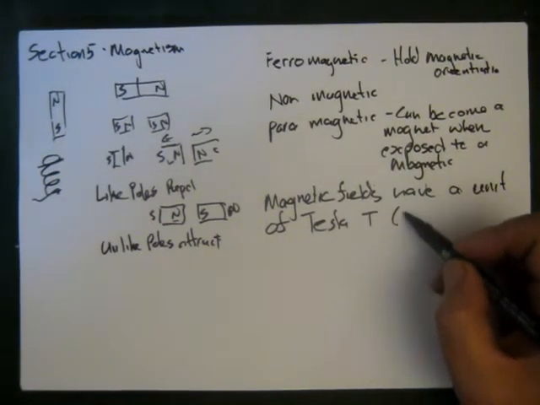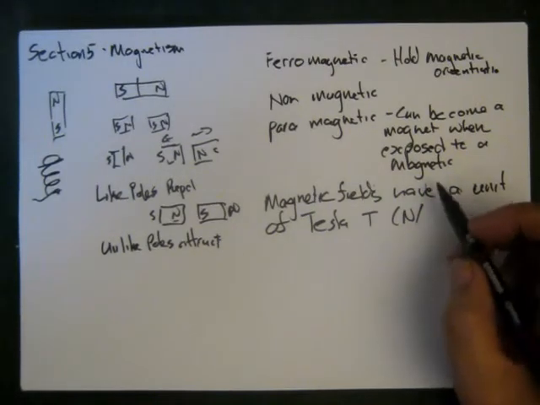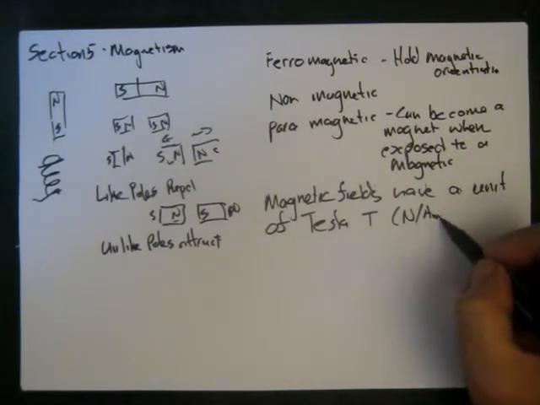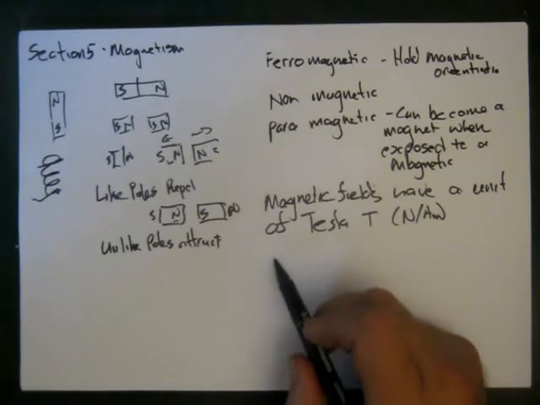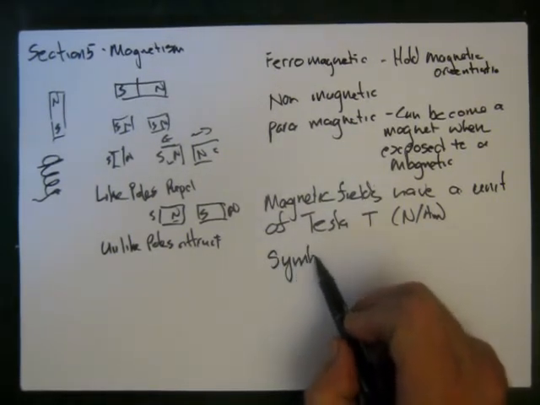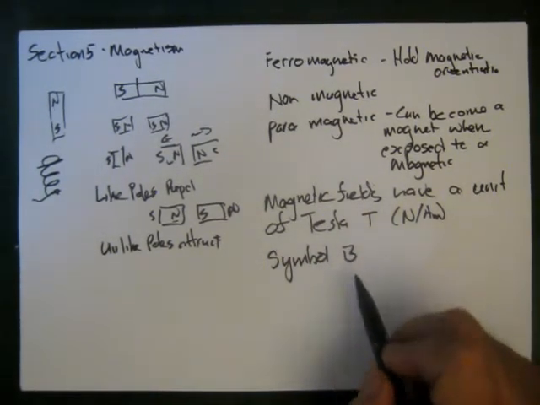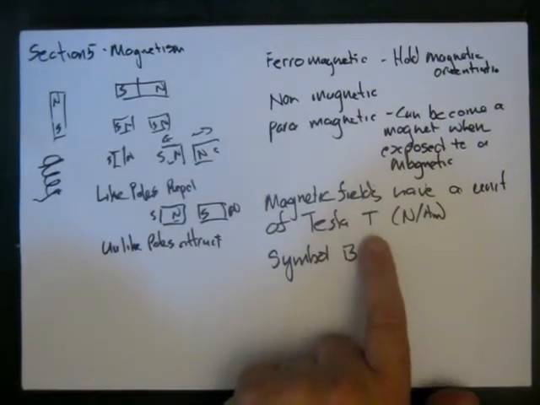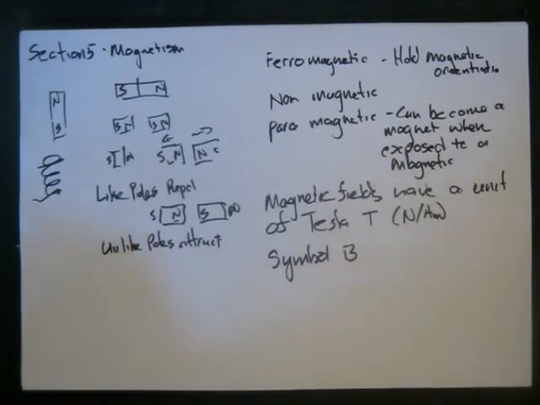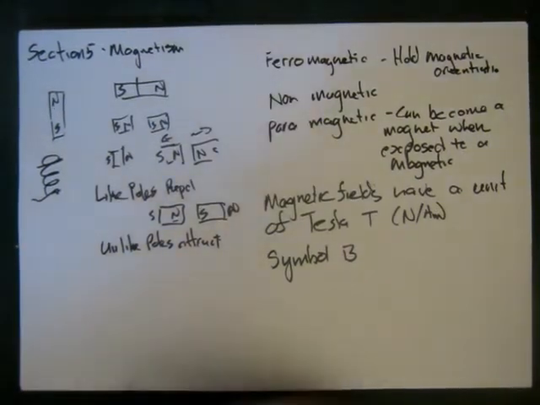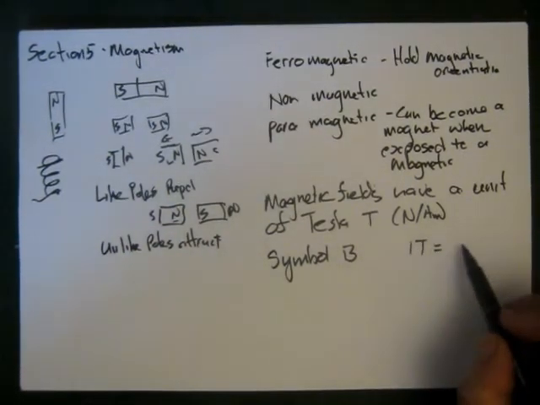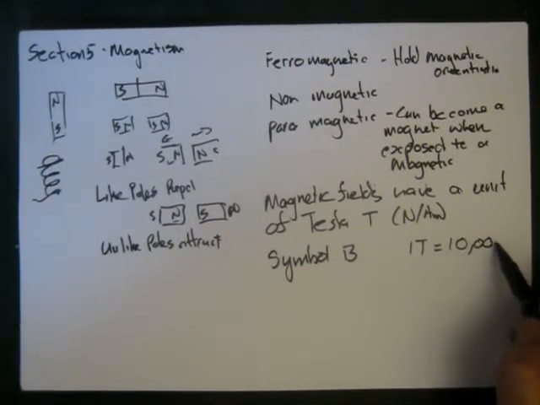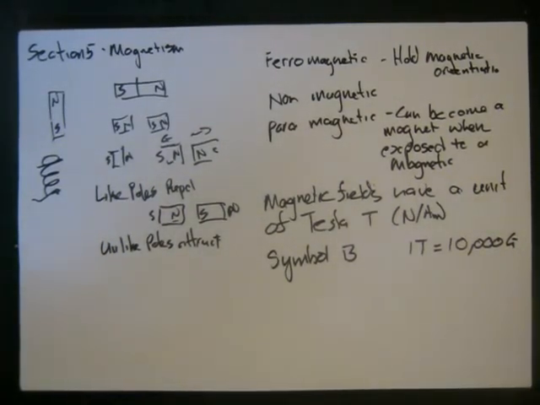These can also be called newtons per amp meter. The symbol for the magnetic field is a capital B. There are other units for magnetic fields, but this is the standard SI unit. You also occasionally come across Gauss. One Tesla equals 10,000 Gauss, just out of interest.